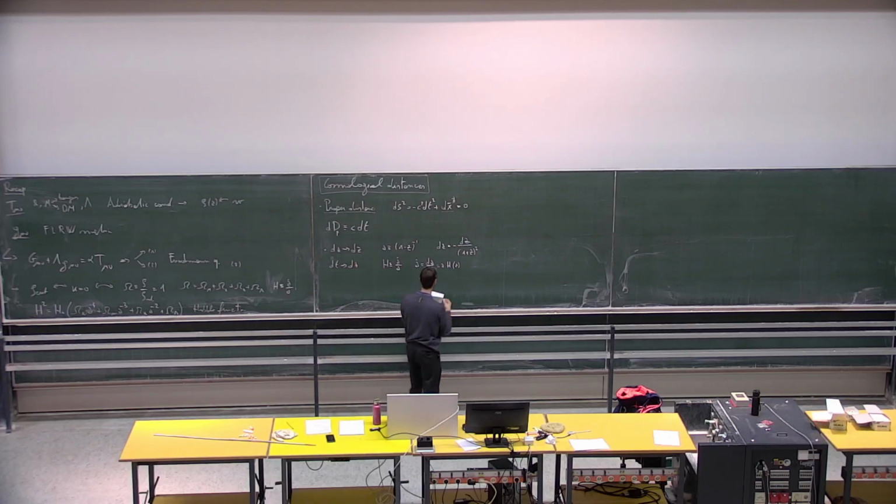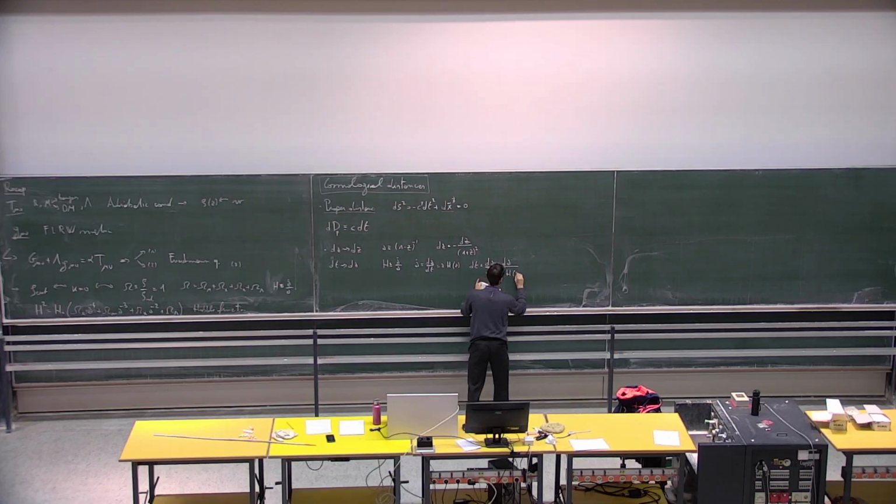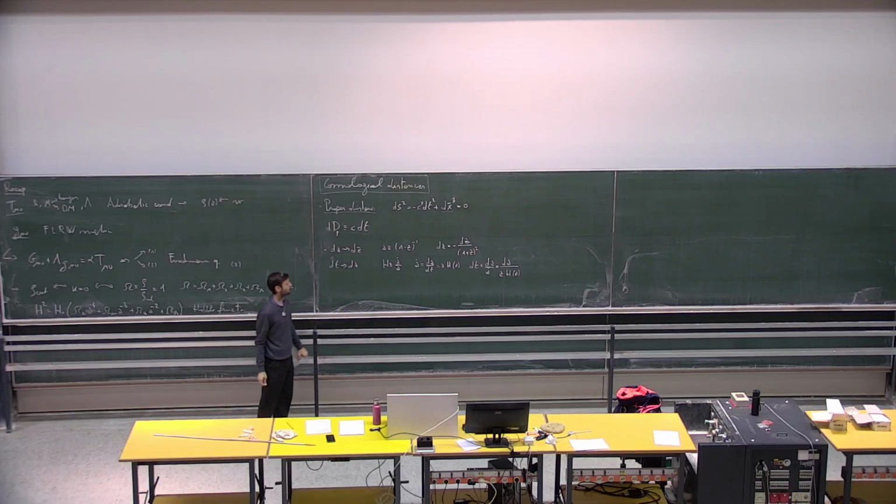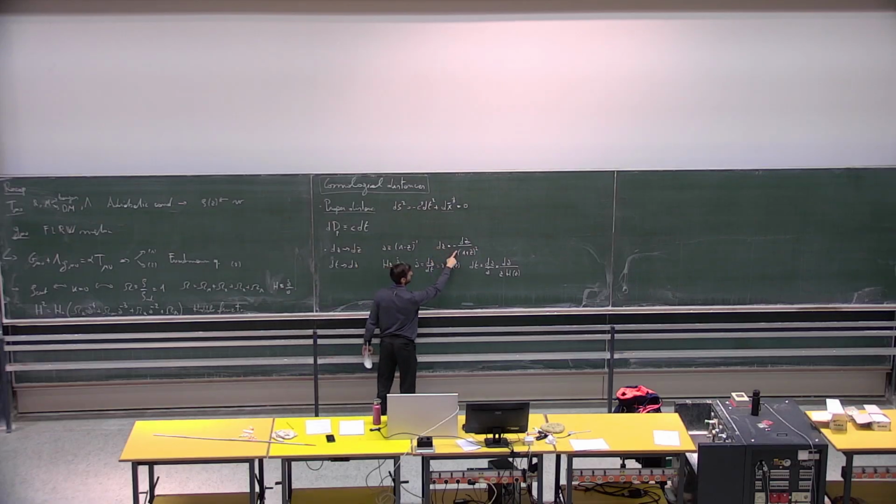And then we get the derivative. dt is equal to da over a dot, which is equal to da over a H of a. Now we have all the relationships, so we can go from da to dz, we can go from dt to da, and then, of course, to dz, so they are all linked together, yeah?